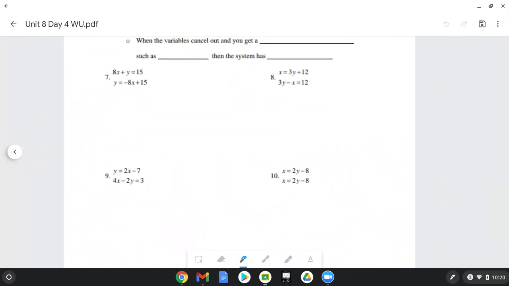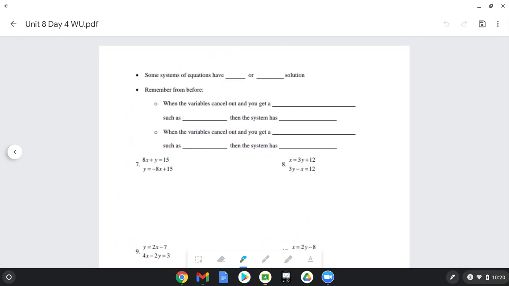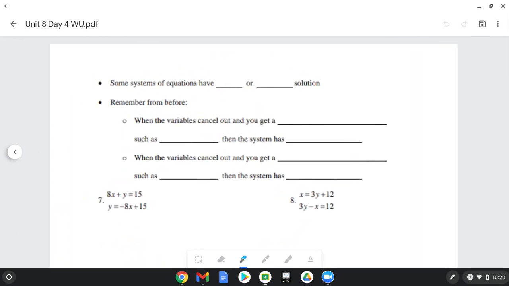Just like with graphing, there's going to be some times where we have no solutions or many solutions. So those were the graphs that were parallel to each other or right on top of each other.